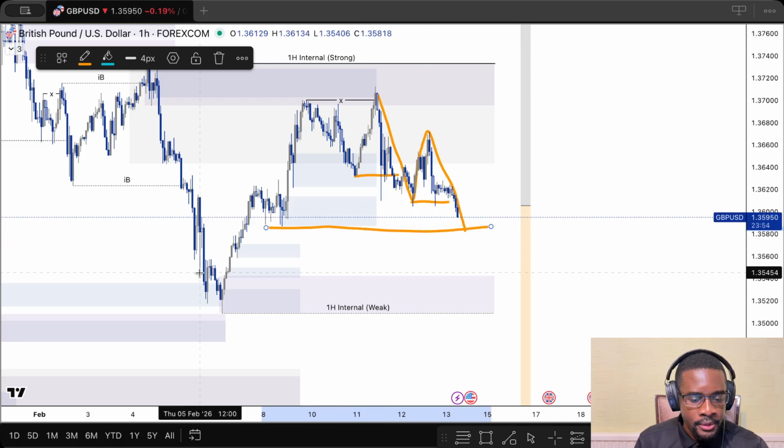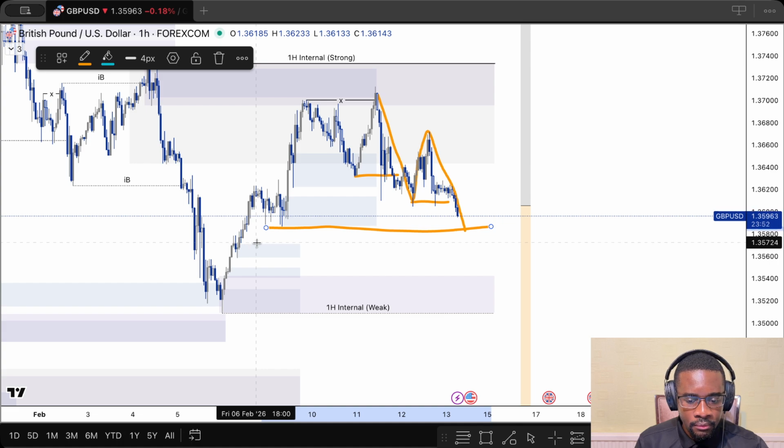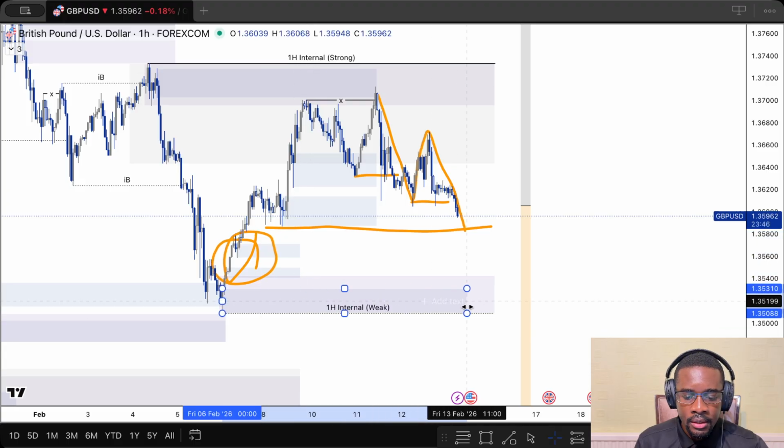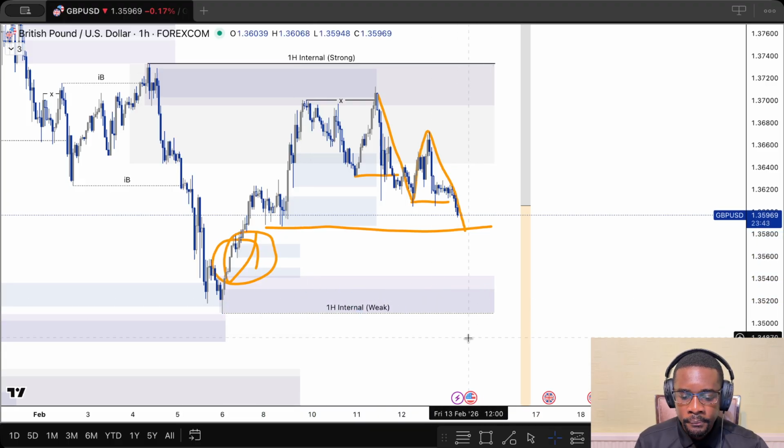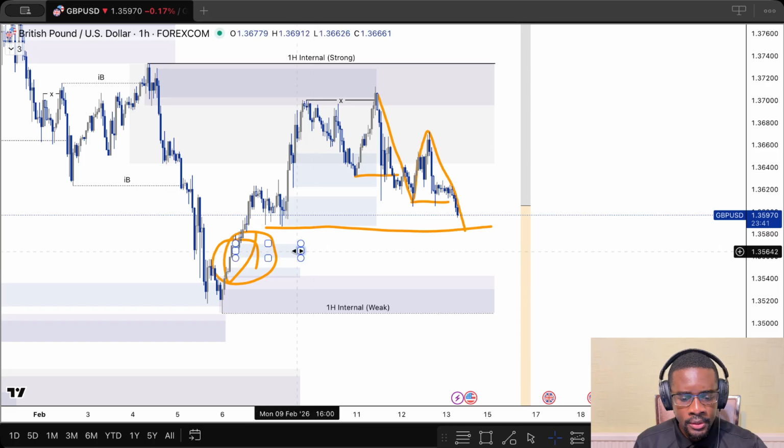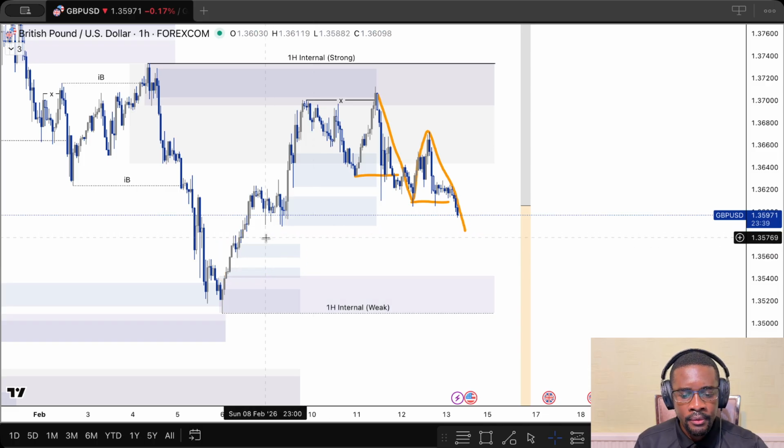So when that happens, looking at this, we don't have any clear levels to rely on except at the extreme down there.